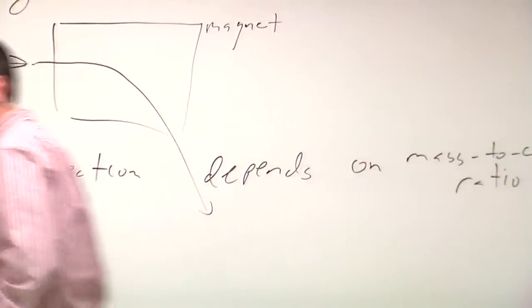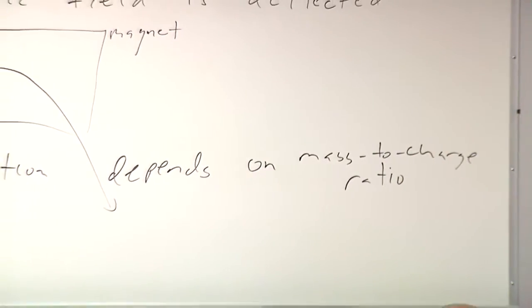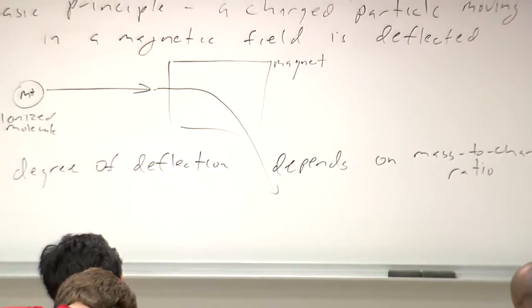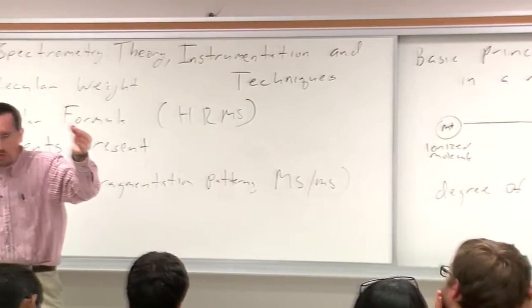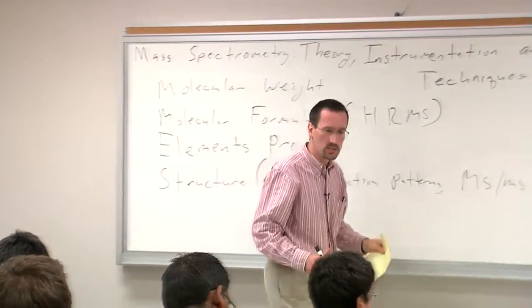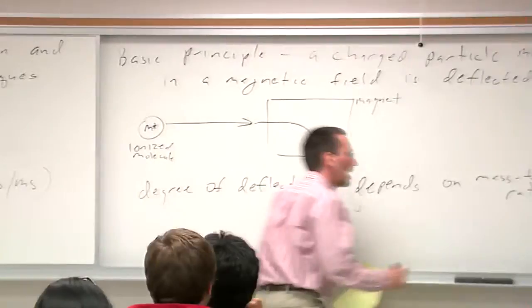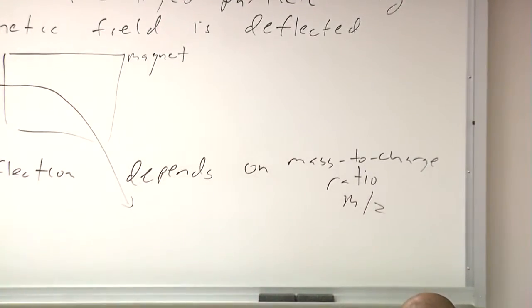In other words, any given particle, whether it has 20 AMU and one charge or 40 AMU and two charges, is going to get deflected the same amount. So it's the mass to charge ratio that you're seeing on the x-axis, not M to Z, not mass.